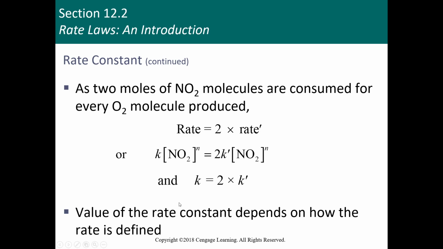So the value of the rate constant actually depends on how you define your rate. If you define your rate as consumption of NO2, then your rate constant is just 1K. If you were to define it based upon the production of O2, then you would have to see that it was 2 times K prime. It would actually be a different rate constant.